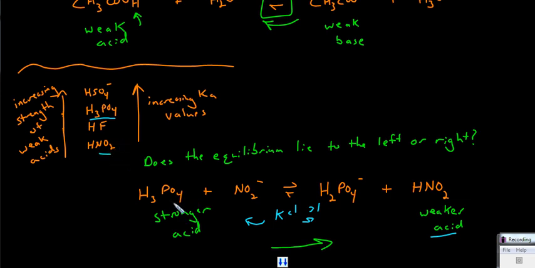Being that phosphoric acid is a stronger acid than nitrous acid, phosphoric acid is more able to give up a proton and form nitrous acid than nitrous acid is able to give up a proton and form phosphoric acid. And so the stronger acid is more likely to react, and so the reaction should shift away from that.